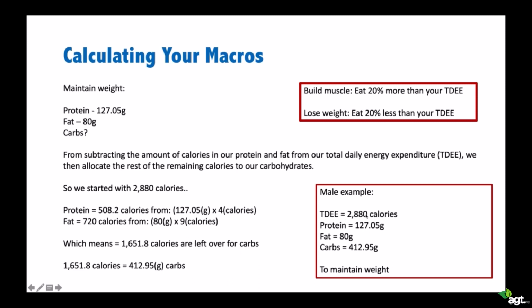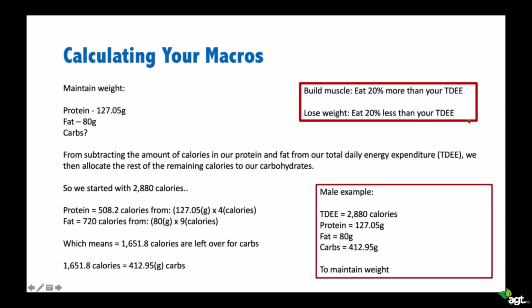So on top of 2,888, I'd need to eat an additional 576 calories to put on weight, and that would roughly come to about 3,456 calories. So that's in order to gain weight.